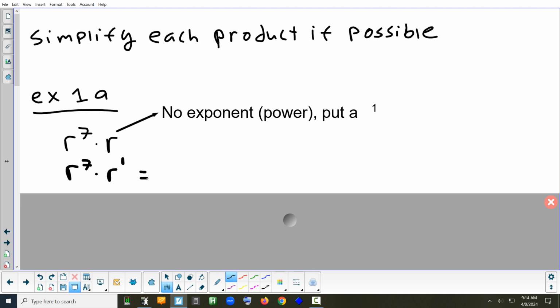Okay, so let's multiply these together. What's our base this time? R. And what do we do with the base? Keep it the same. Yep. So R is the base. What are my two exponents? 7 and 1. And what do we do with the 7 and the 1? Add them. Yep, we add them together. And that's it. That's your final answer.